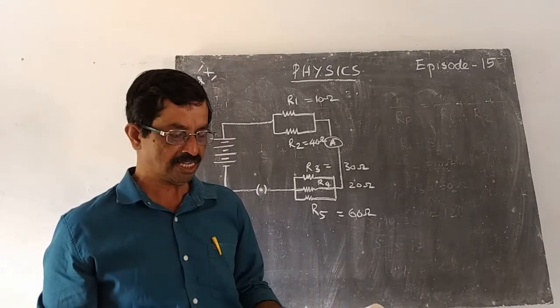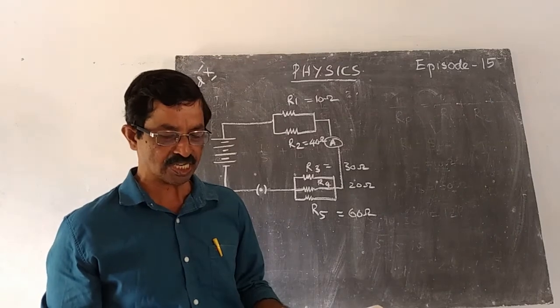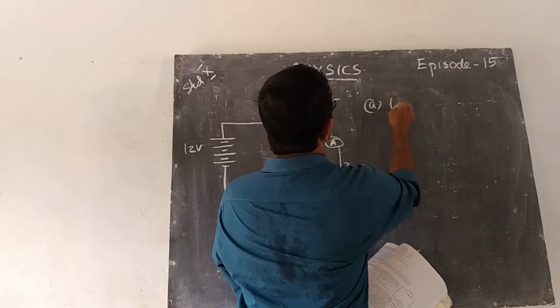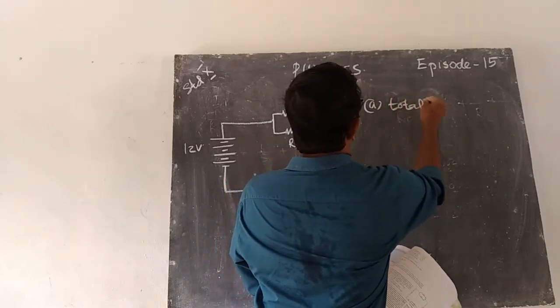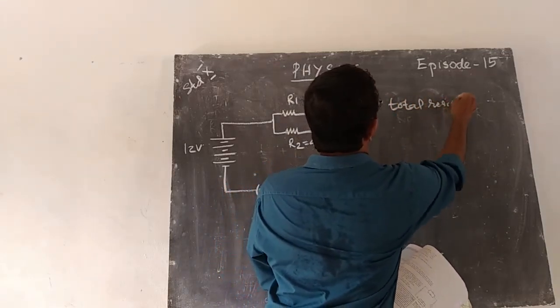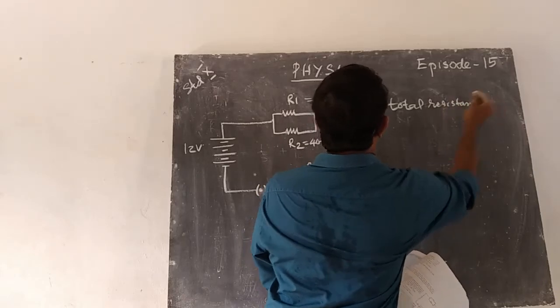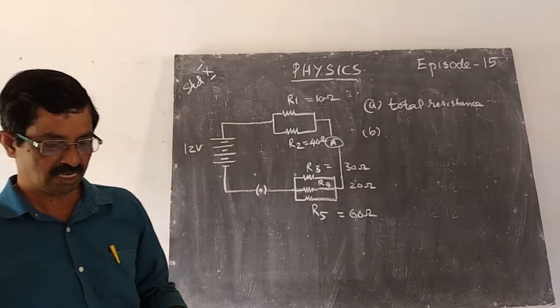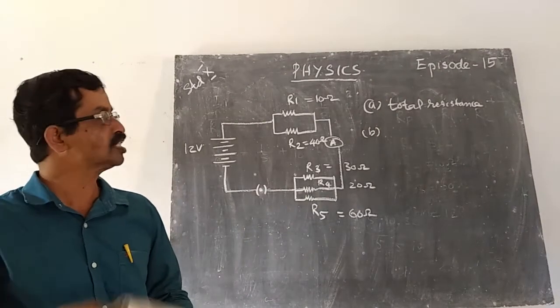You want to calculate, first of all, the total resistance in the circuit. Then B, the total current flowing in the circuit.